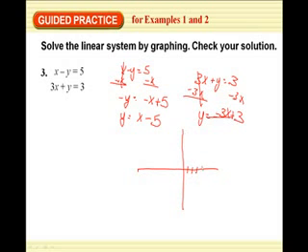Okay, let's see if I can graph. So 1, 2, 3, 4, 5 on each axis. All right, so this one crosses at -5, and it's rise 1, run 1. So the slope is 1. So there's this line right here.